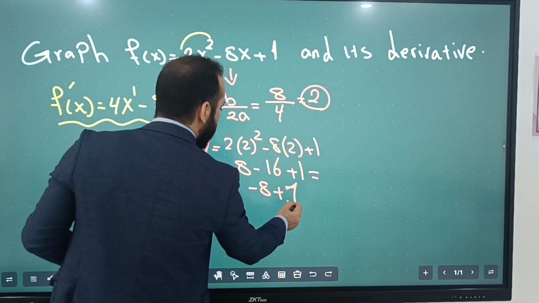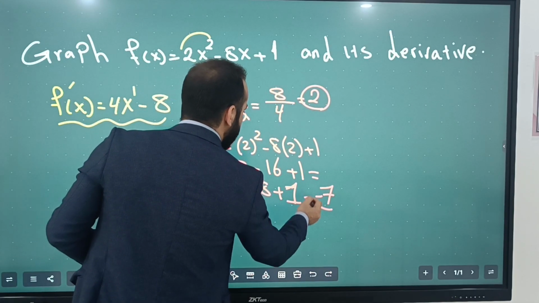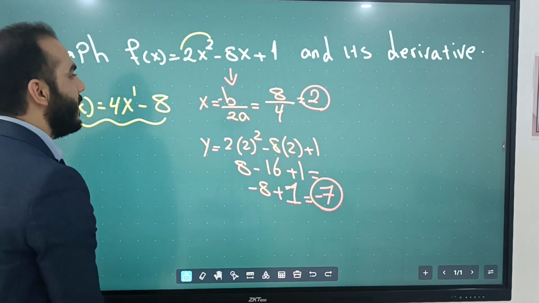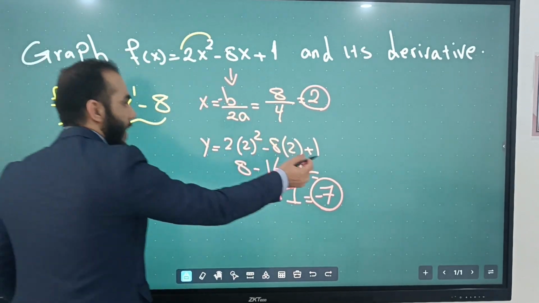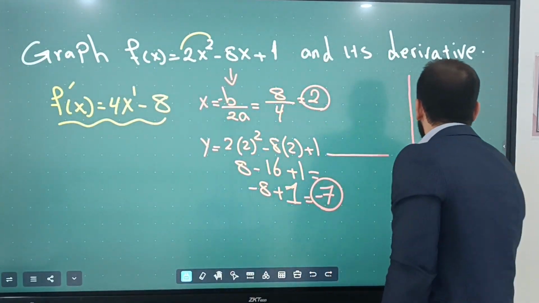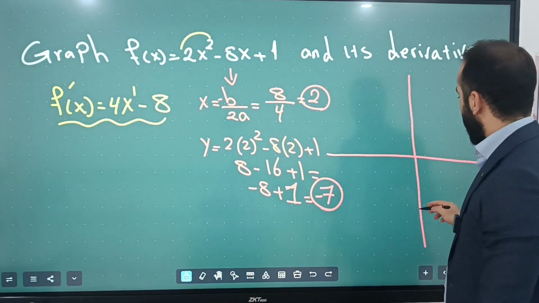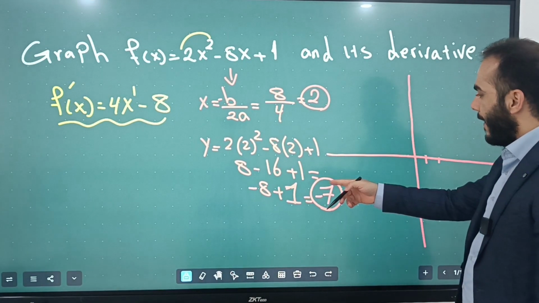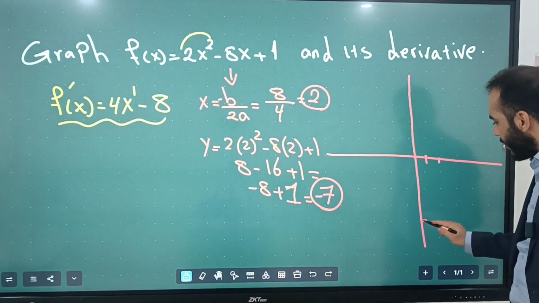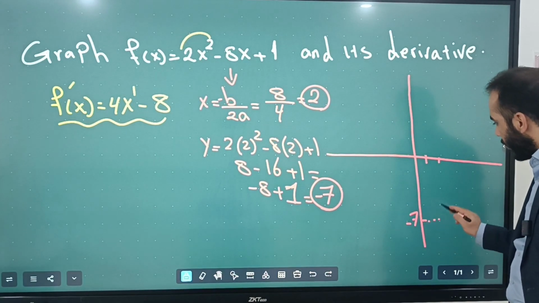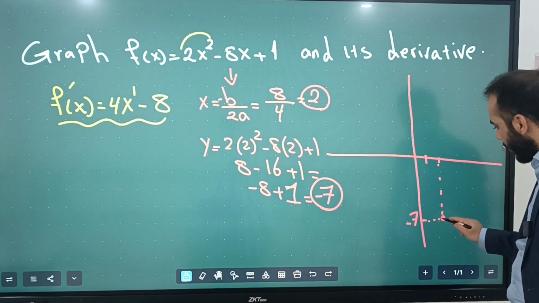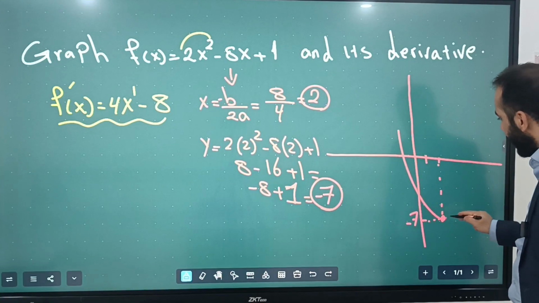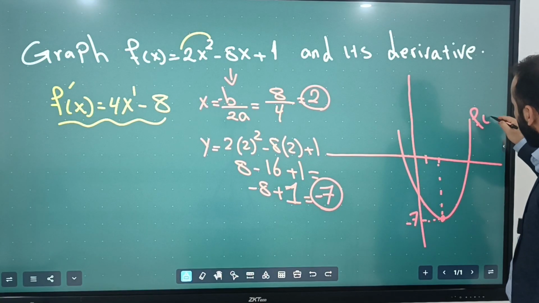Plus 1, it equals negative 7. Halas. Negative 7. So, if this is our coordinate plane, x is 2, y is negative 7. Imagine here is negative 7. So the vertex is going to come somewhere around here. That is the graph of our f of x.